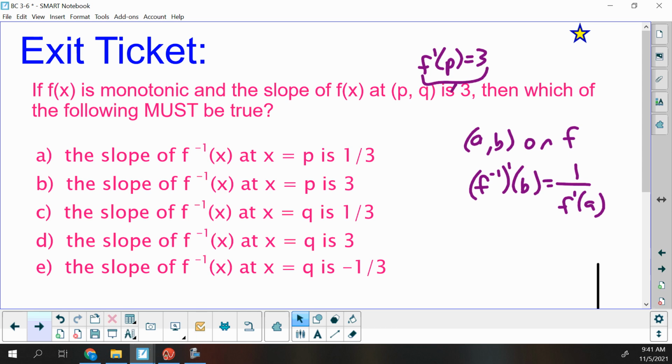So this, what we have here, essentially goes there. We're looking for the inverse's derivative, or in other words, the slope of the inverse, which they all have. We need it at the original y value. So for us, that's at q. That rules out A and B. So we should just have 1 over 3. So that's choice C.